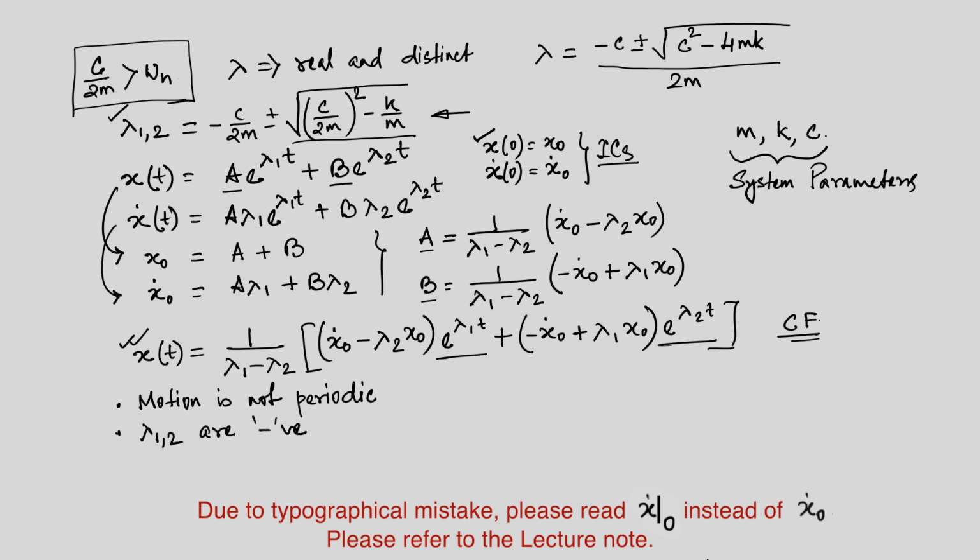Now, if lambda 1 and lambda 2 are negative, that means on the right hand side we have two exponentially decaying terms. So, that is the nature of the solution when we have an overdamped case. So, the solution is exponentially decaying.